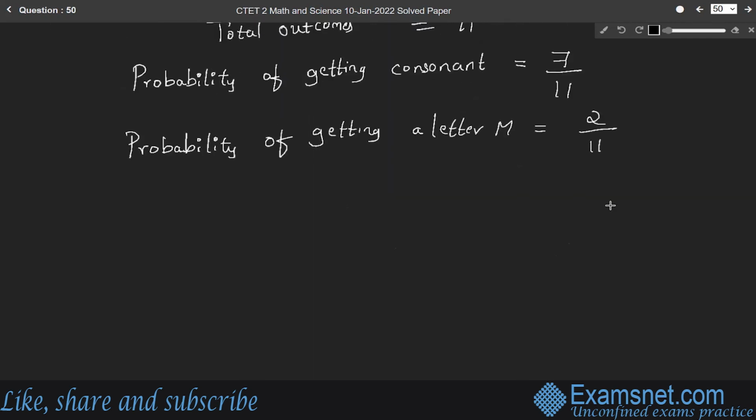So, the number of favorable outcomes divided by the total number of outcomes here.